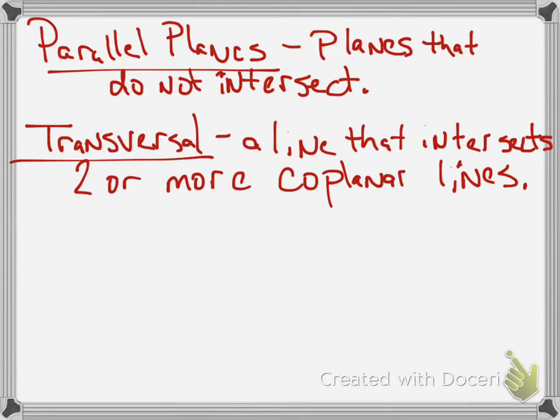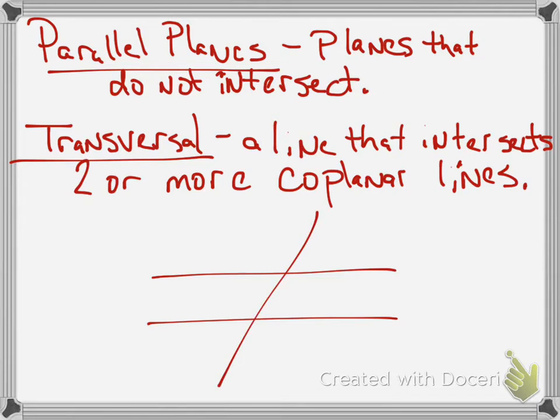Okay, and then also, what is a transversal? A transversal is a line that intersects two or more coplanar lines. So notice, if two lines are on the same plane and there's a line that goes through them, that's a transversal. Coplanar just means they have to be on the same plane. They don't have to necessarily be parallel.